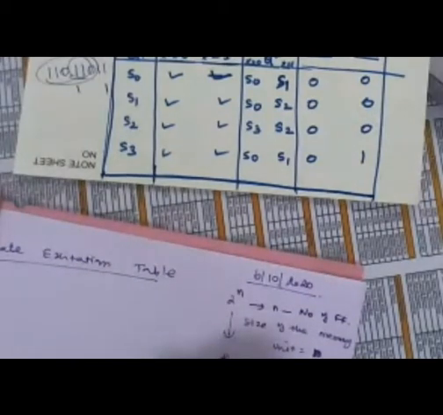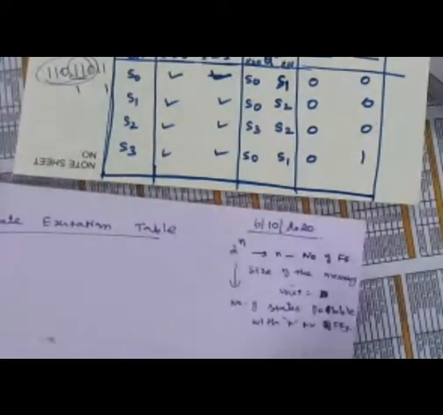This 2 power n is the number of states possible with n number of flip-flops. Understand?